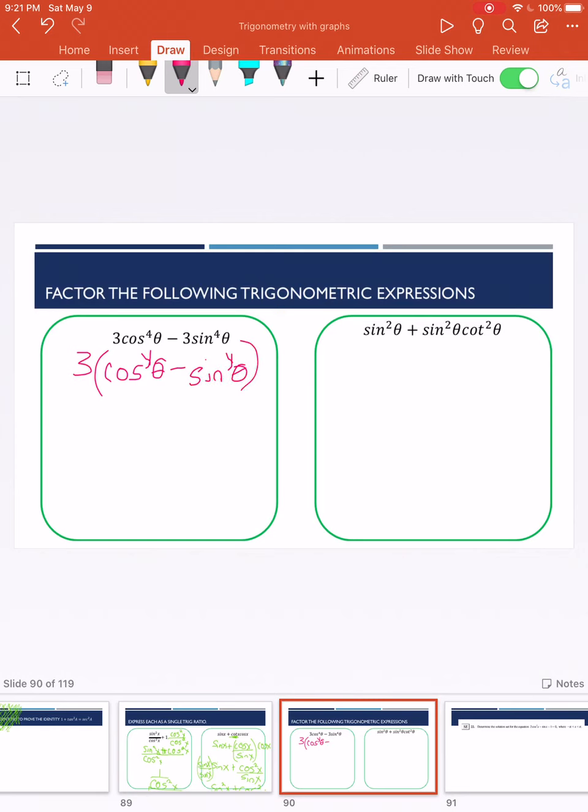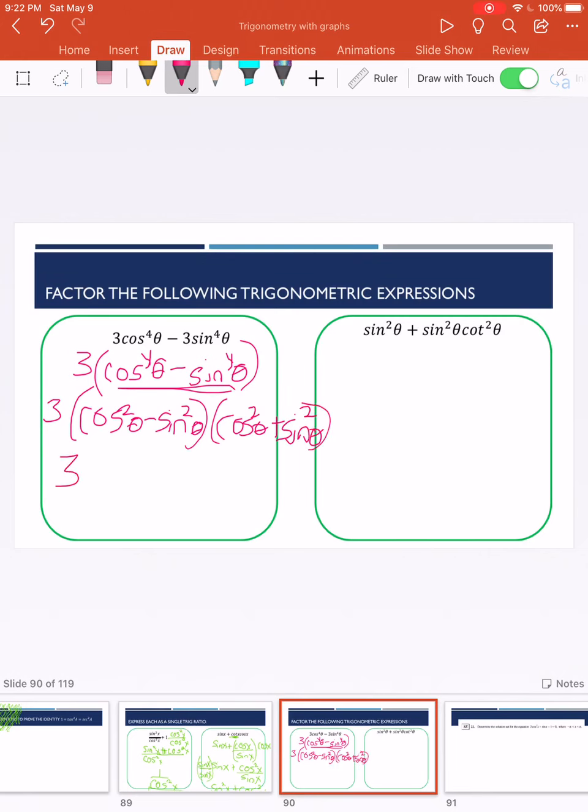Now you might not see it, but this is actually a difference of squares. Cos theta to the power 4 minus sine theta to the power 4 is a difference of squares. And it's equivalent to cos squared theta minus sine squared theta times cos squared theta plus sine squared theta.